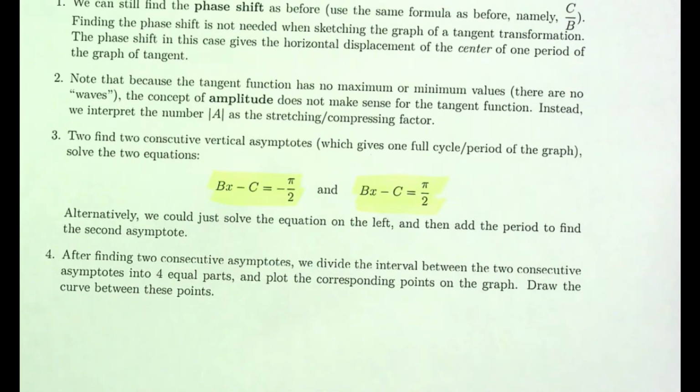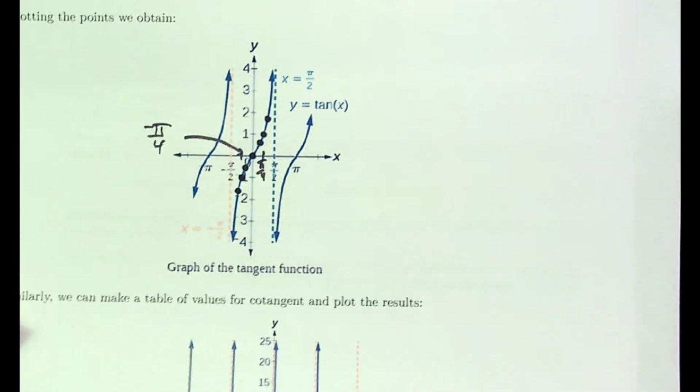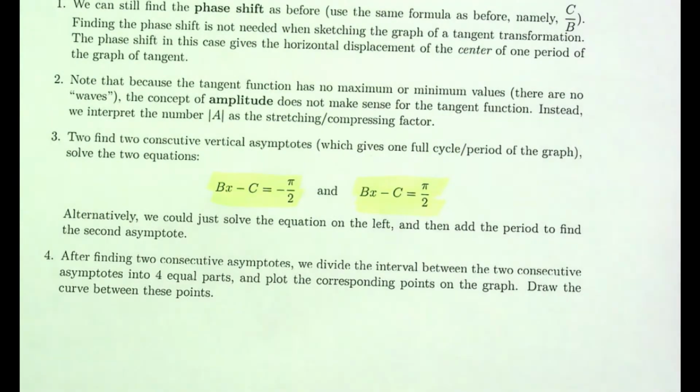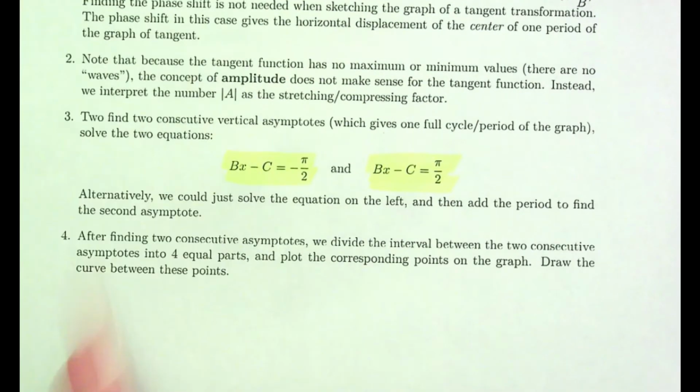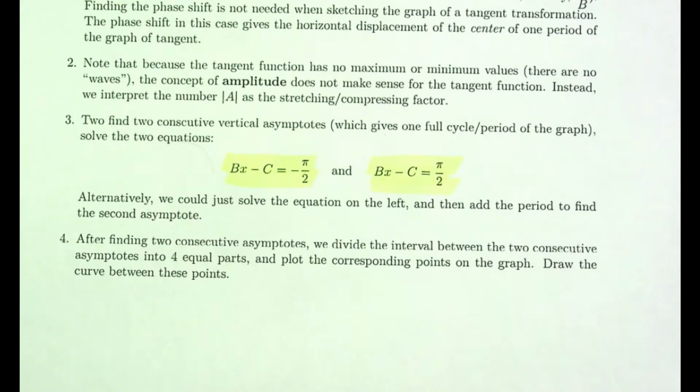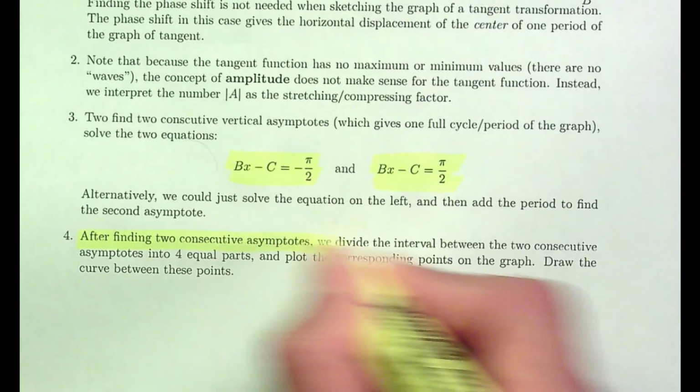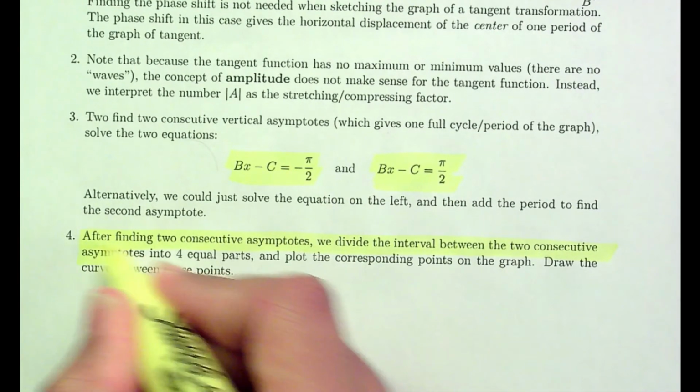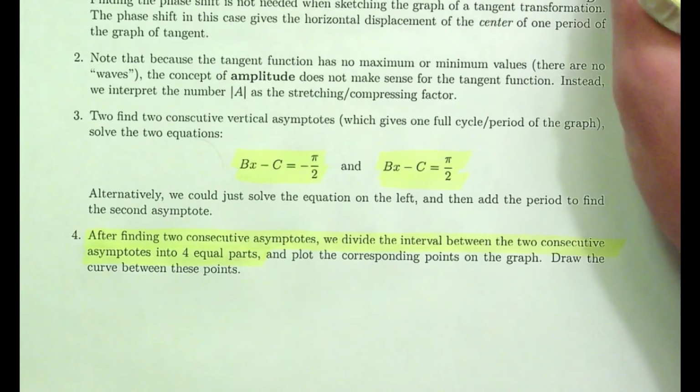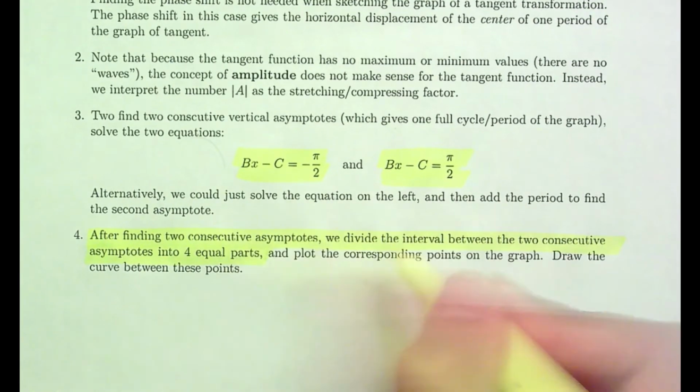You're going to solve these equations, and that's going to give you the two consecutive vertical asymptotes, which is where you're going to draw one basic period for the transformation. Once you find your left asymptote and your right asymptote, you divide the interval into 4 equal pieces, which is something we always did for drawing sinusoidal functions, so that is actually the same.